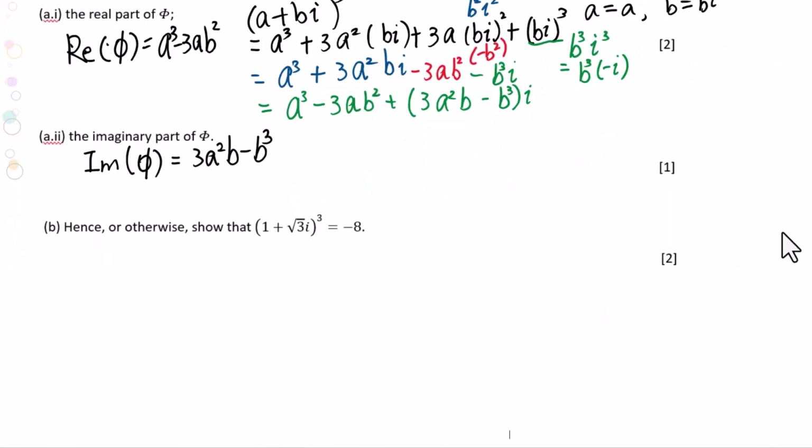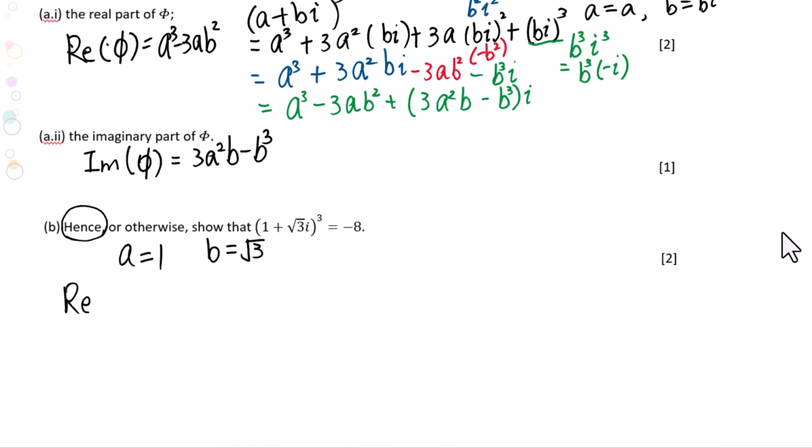Let's go to b. Hence or otherwise. Hence means try to use the conclusion in previous questions. Show that (1 plus square root of 3 i) to the third power equals -8. a equals 1, b equals the square root of 3.